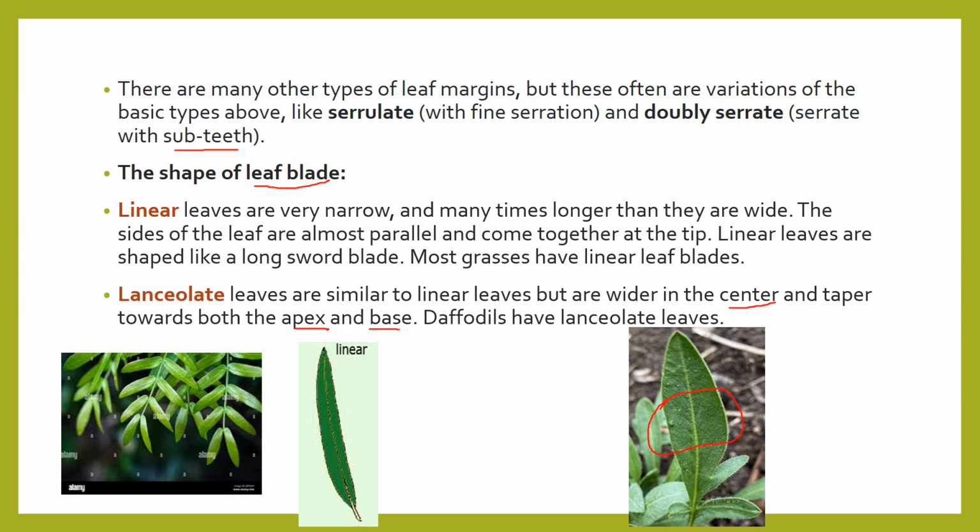You can see it goes wider in this center, and it tapers at the apex and also tapers at the base of the leaf. It is called lanceolate leaf. This one also.